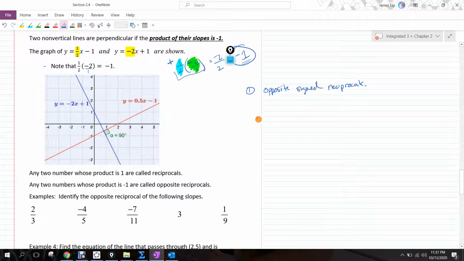The other one is that the product of slopes equals negative 1. That's an algebraic rule, and that one is fail-safe. You can't mess that up. People tend to mess the other one up.